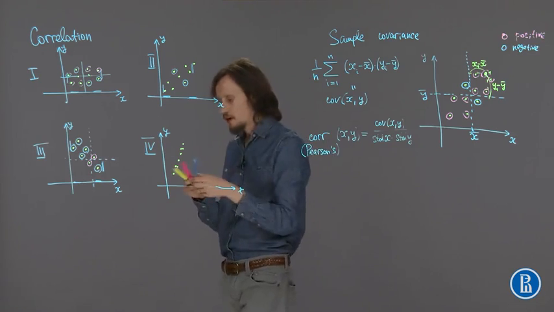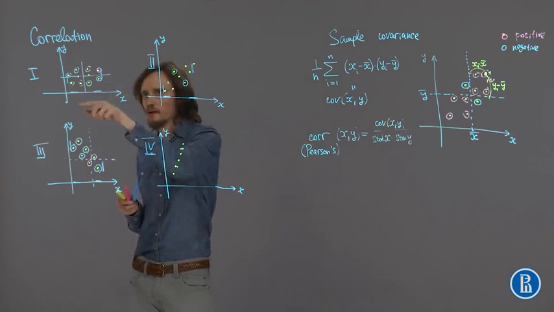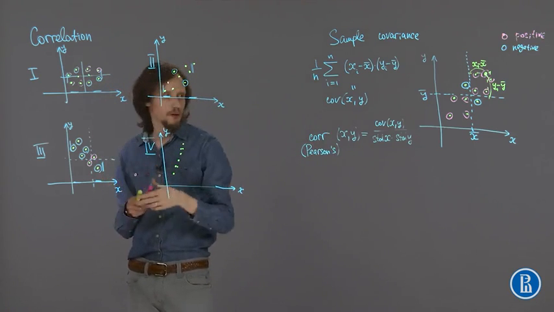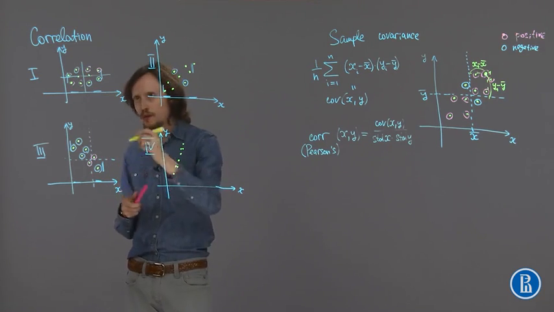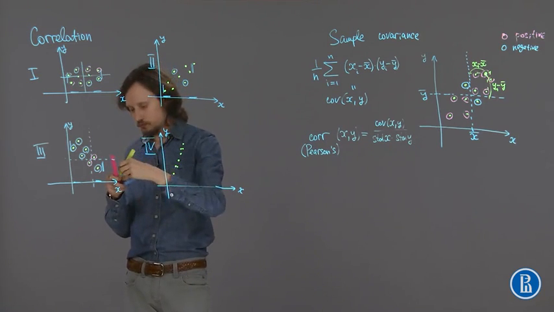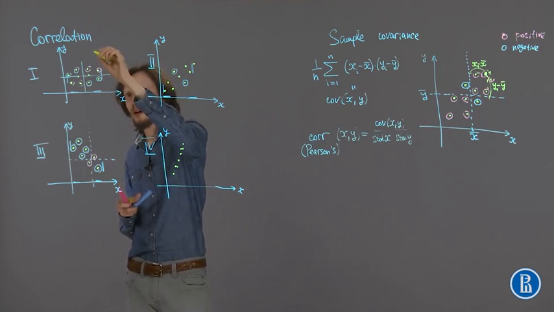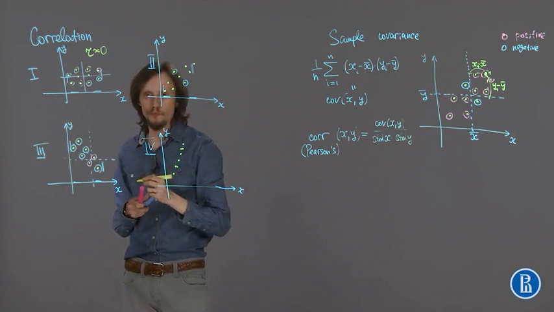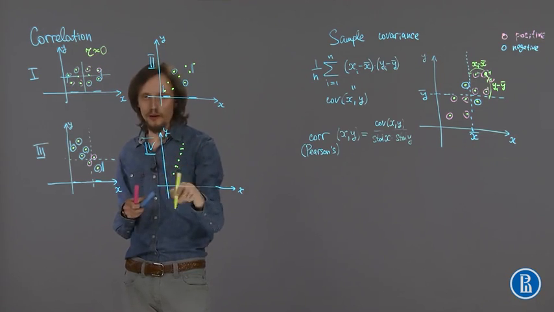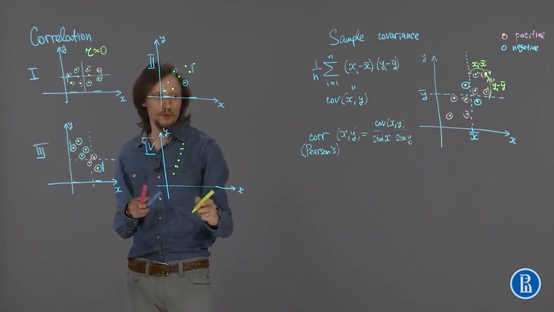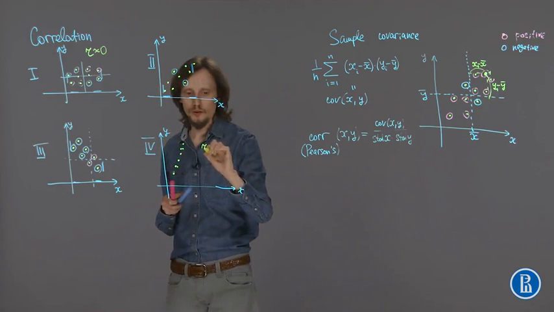Returning to this picture, I can say that in this picture, Pearson's correlation is close to 0. This correlation is usually denoted by letter R, and here it is close to 0. Here, when our relation is almost linear, Pearson's correlation is close to 1.